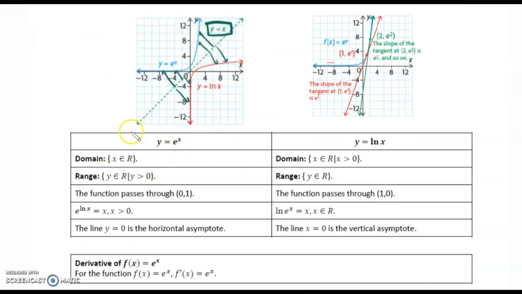Okay, so let's take a look at these two graphs here. We're going to look at the graph y equals e to the x, which is the blue one here. And then we're going to look at the graph y equals ln x, which is the red one here. Okay, so as you can see, the domain of e to the x extends in both directions. Even though this looks like it's kind of going vertical, it's not approaching an asymptote, so it will eventually extend to infinity forever.